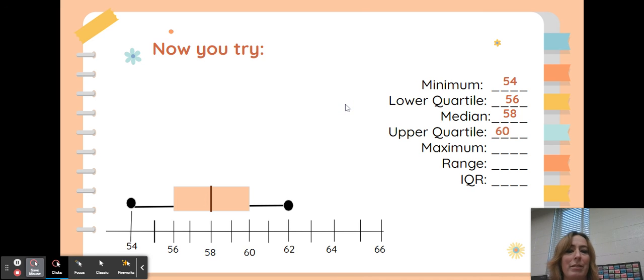Our upper quartile is 60 and our max is 62. For the range, we took the maximum minus the minimum and you should have gotten 8. The interquartile range, remember, you take the upper minus the lower and you got 4. If you did not get this one right, I want you to go back to the beginning of the video and rewatch because you missed something in the lesson.